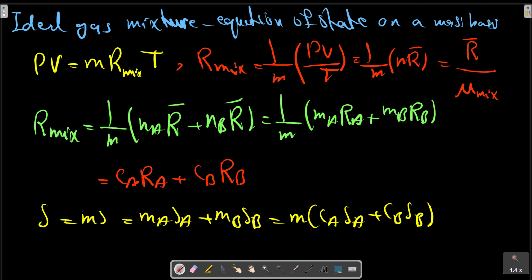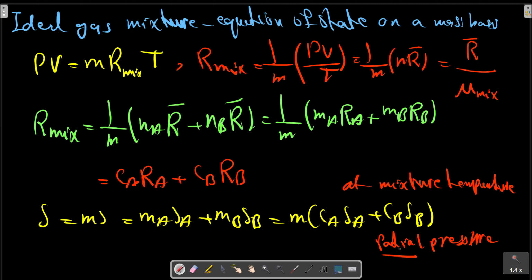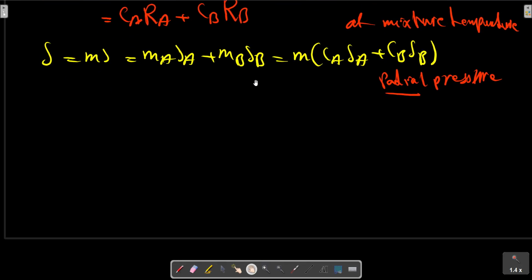It must be emphasized that the component entropies must each be evaluated at the mixture temperature and the corresponding partial pressure of the component in the mixture.